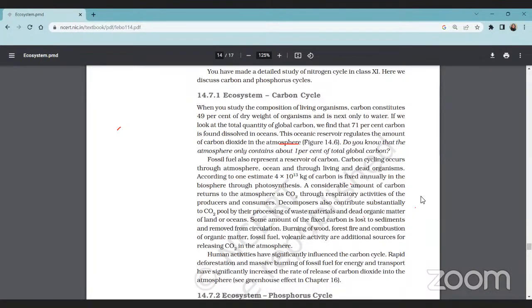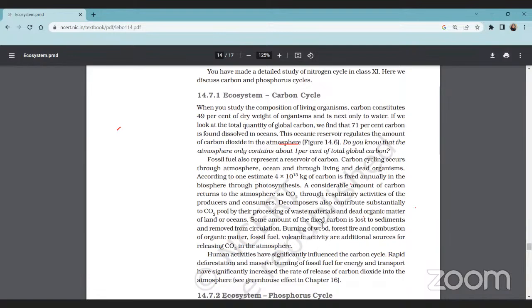Some amount of the fixed carbon is lost to sediments and removed from circulation. Burning of wood, forest fire, combustion of organic matter and fossil fuels, and volcanic activity are additional sources for releasing CO2 into the atmosphere.